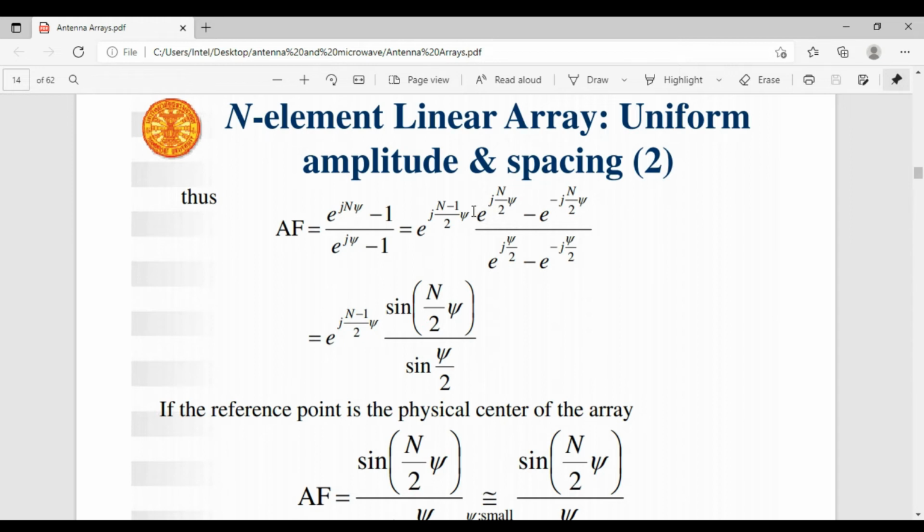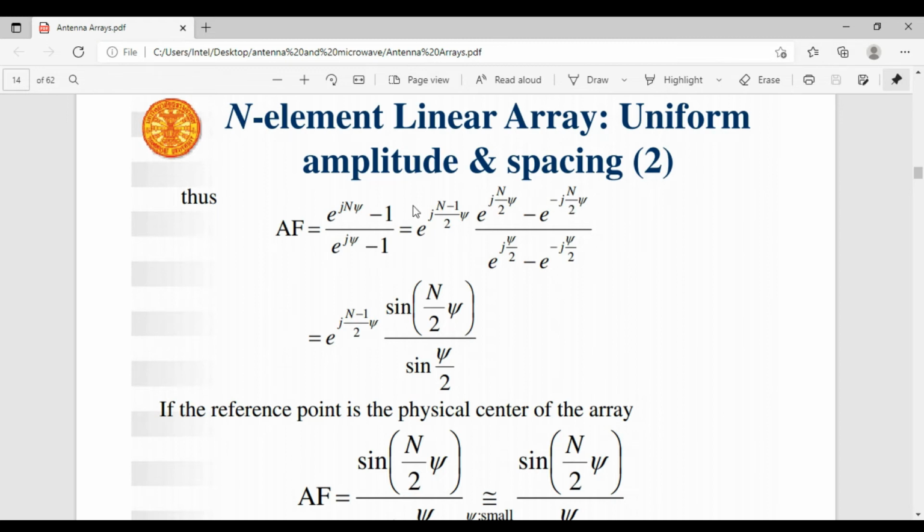So we are dividing this term, that is n by 2. n is the summation of n by 2 plus n by 2. Here it is e power j n psi by 2, n by 2 plus n by 2.